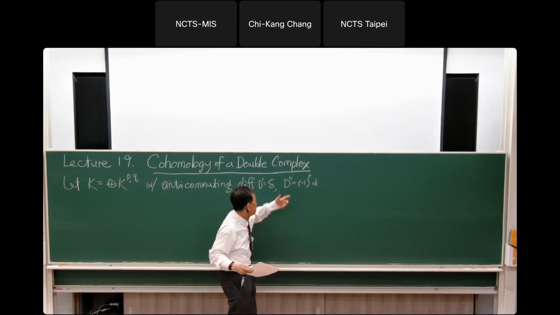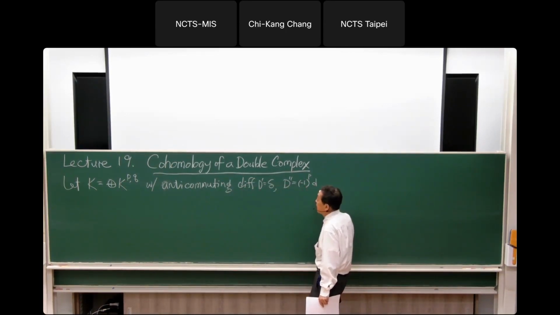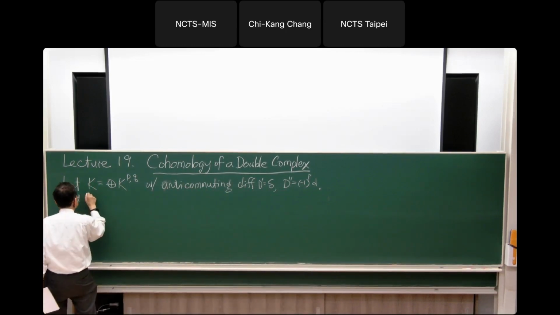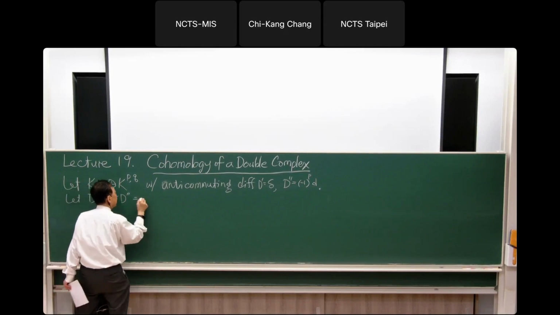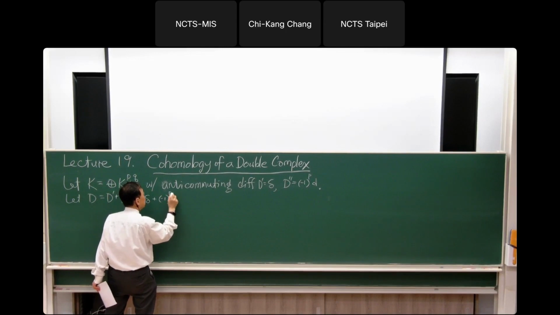And it's related to d double prime in this way. And then we form big D, which is d prime plus d double prime, that's delta plus (-1)^p d.